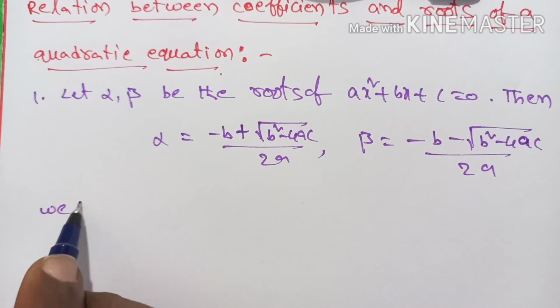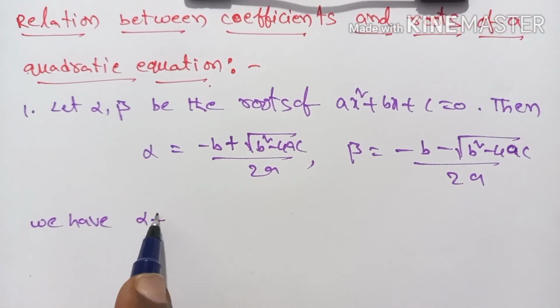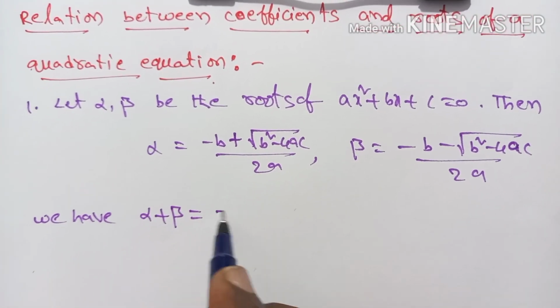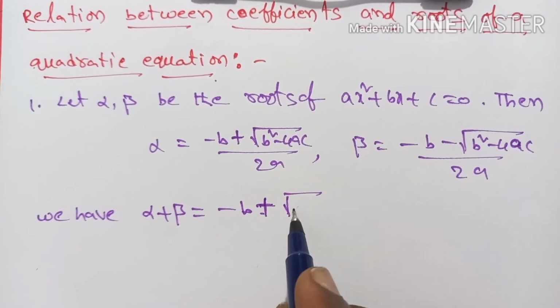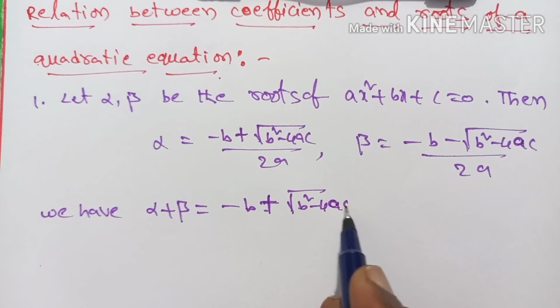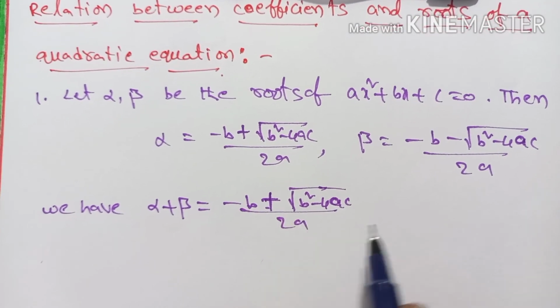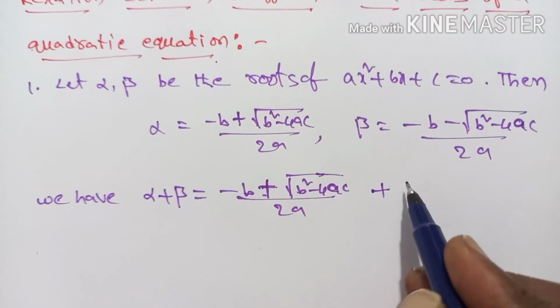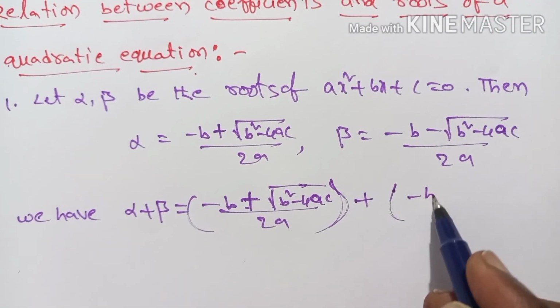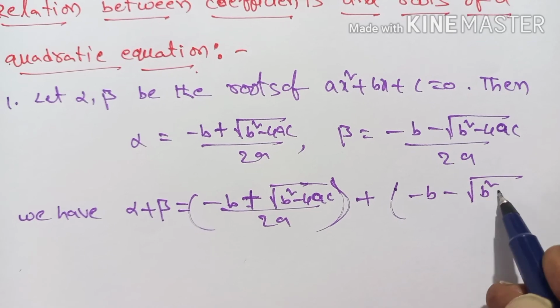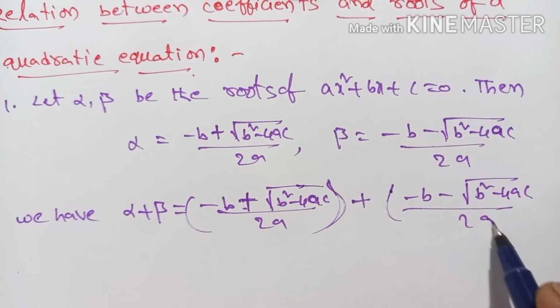We have the sum of roots, alpha plus beta, equal to minus b plus root over b square minus 4ac by 2a, plus minus b minus root over b square minus 4ac by 2a.